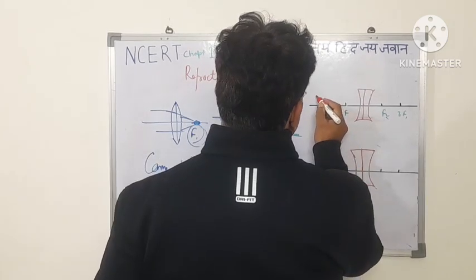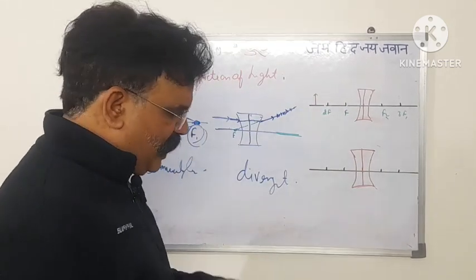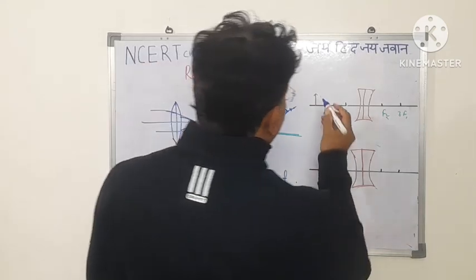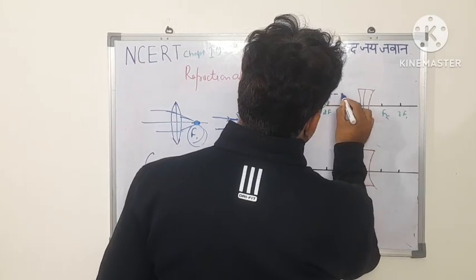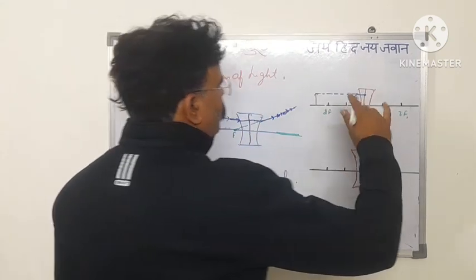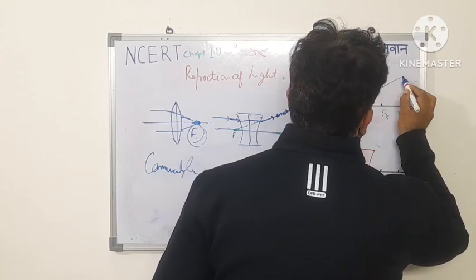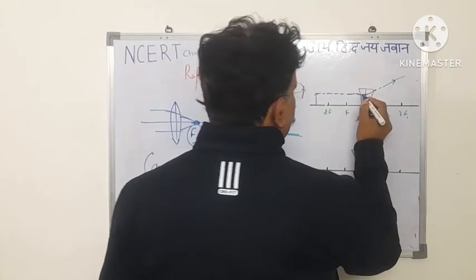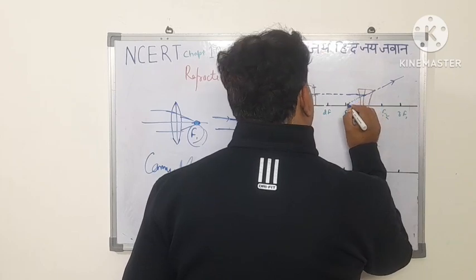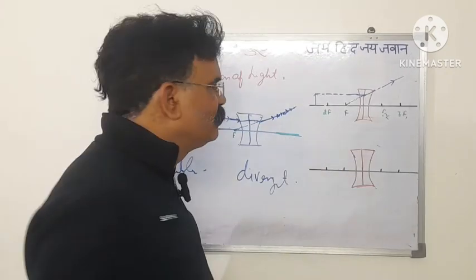Here is an image. The same formula, the same rule will be used. One ray will be passing parallel to the principal axis. Depending upon the capacity, this will be diverted outside. But if I draw a backward line, it should pass through the focus.